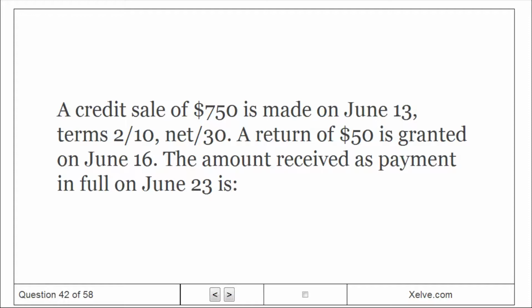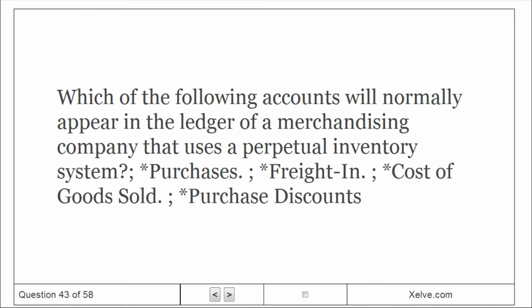A return of $50 is granted on June 16. The amount received as payment in full on June 23 is $686.